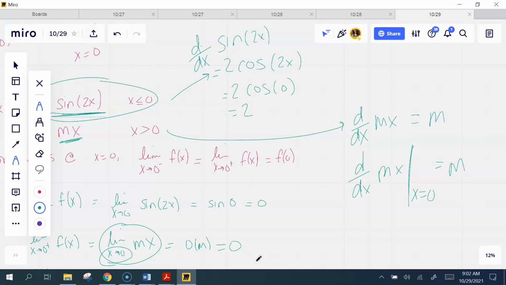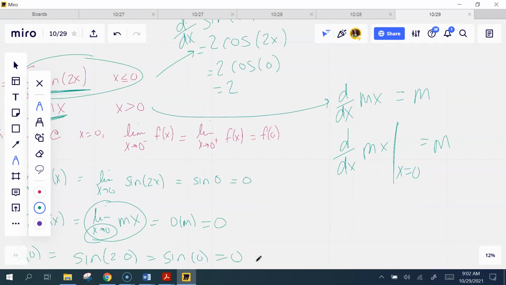So I would say it's only differentiable when m equals 2. The question would more likely ask what value you would need for m in order for the function to be differentiable at the point x equals 0. It's 2.